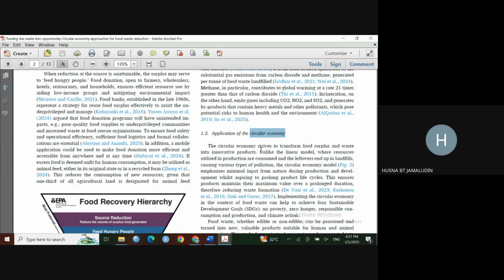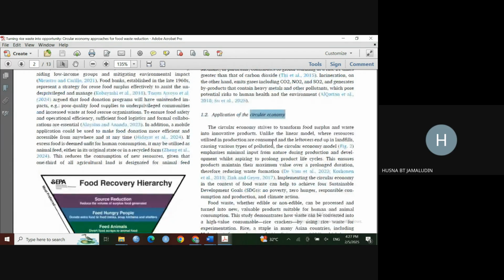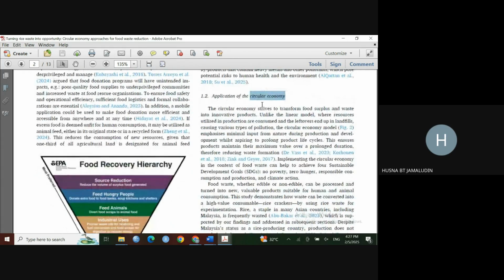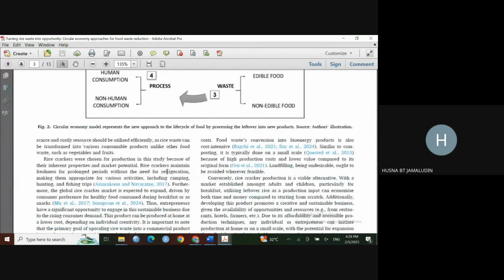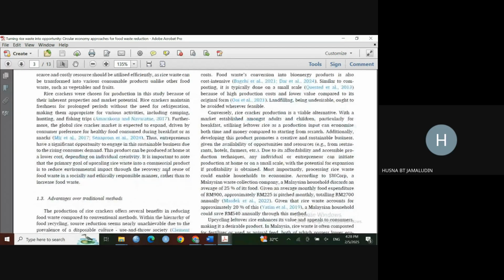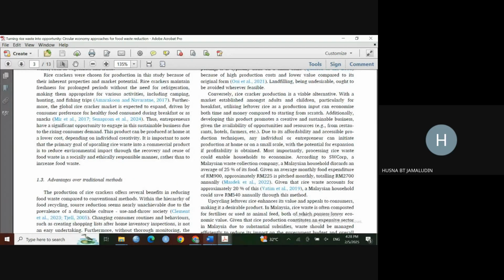So I combine them. You don't necessarily have to have one separate section of literature review; you can also combine them. Here I'm reviewing the circular economy concept. I think that is my literature review for this.